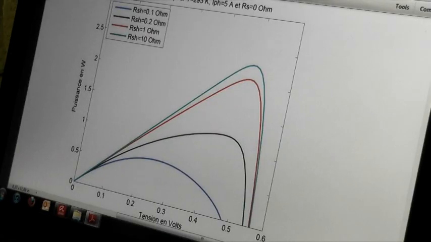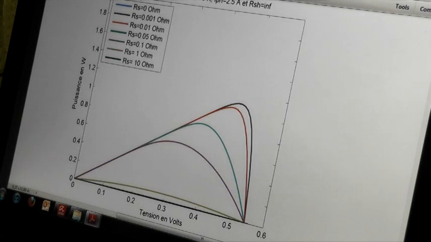Valuable information in this graph is the voltage giving the maximum power and thus the best efficiency. The maximum available power is given by the short circuit current times the open circuit voltage. To determine the fill factor, we divide the maximum power found in the graph by the maximum available power. The same explanation can be given for the case of Rs different from 0, even if the graph is slightly different.